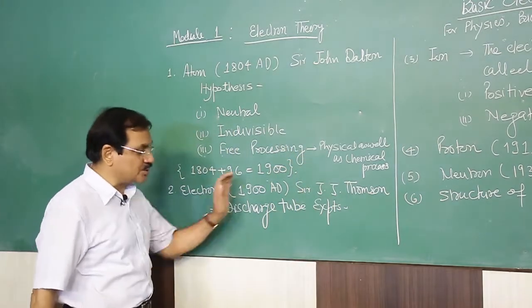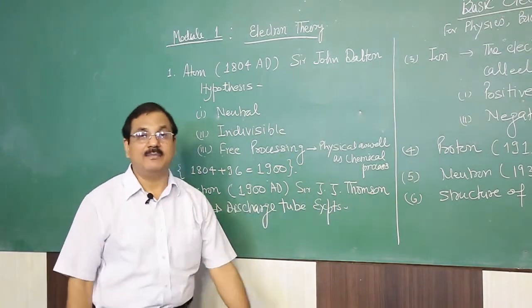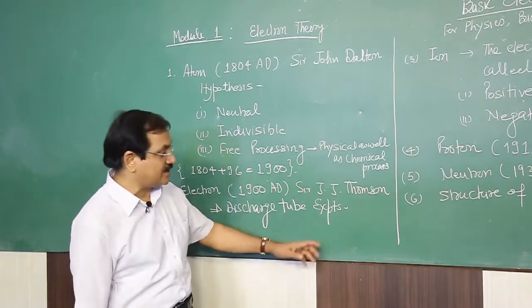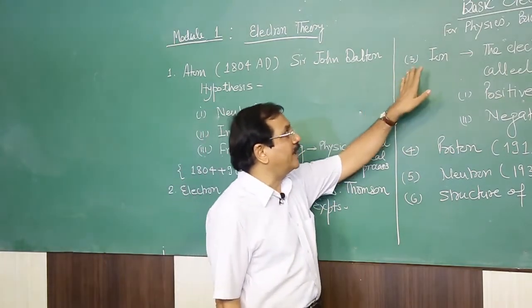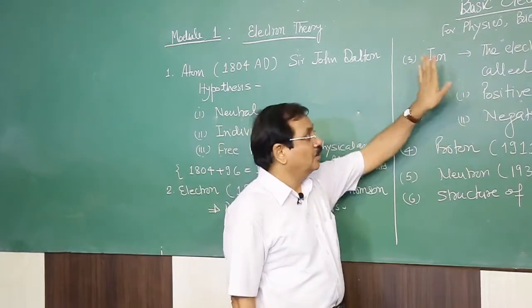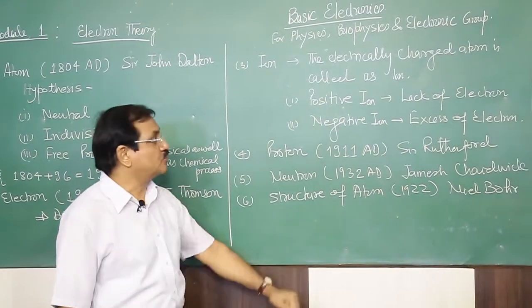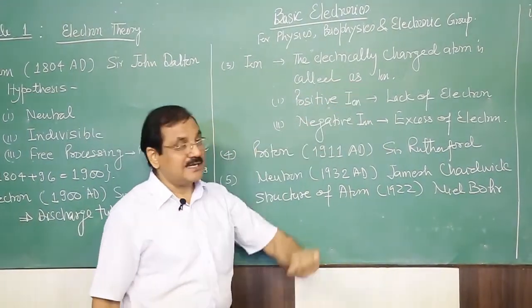In this discharge tube experiment, there are several names, such as canal ray, as one of the important concepts that was later discussed. The third point is ion. An electrically charged atom is called an ion.